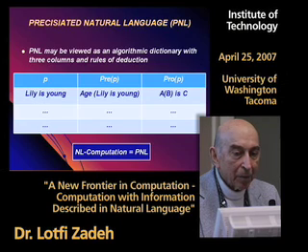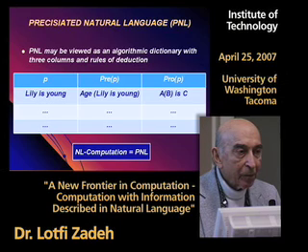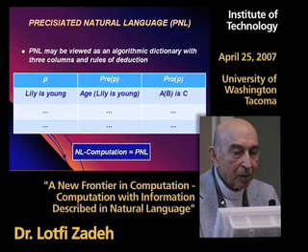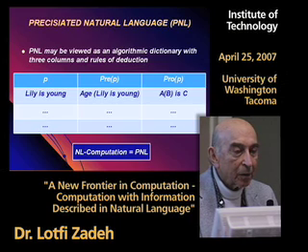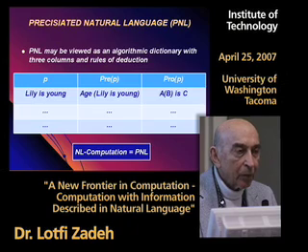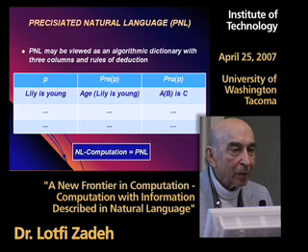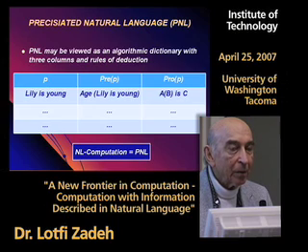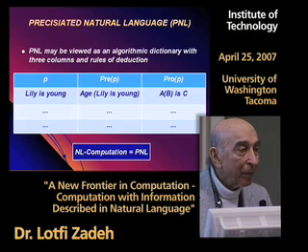So let me repeat again. You start with information in natural language. You first precisiate it through MH precisiation. For example, stability. You want to precisiate, so you look up the dictionary definition. But then you want MM precisiation.